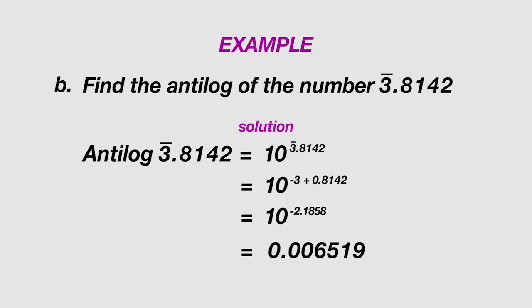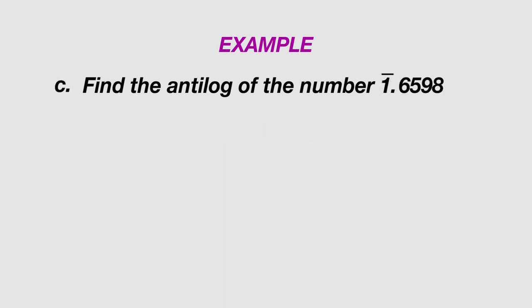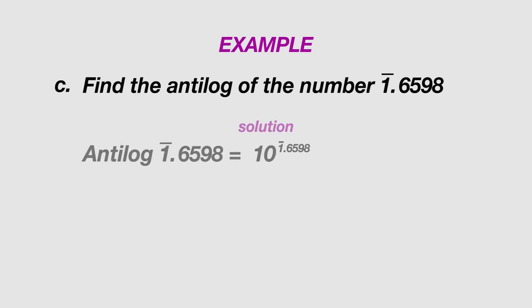The third example says, find the antilog of the number bar 1.6598. We are using the calculator to find the antilog of bar 1.6598. So the first thing is we write it as 10 raised to the power bar 1.6598. Now, since we have a negative characteristic, we have to write this again. And we are going to write it as 10 raised to the power negative 1 plus 0.6598.